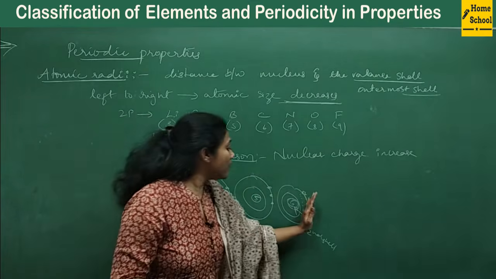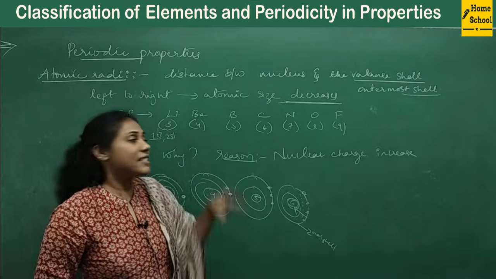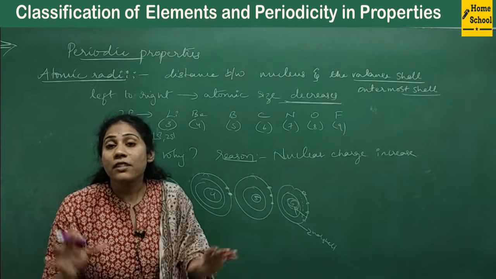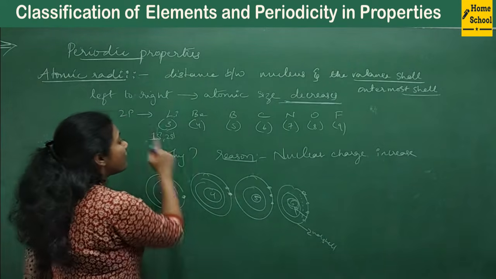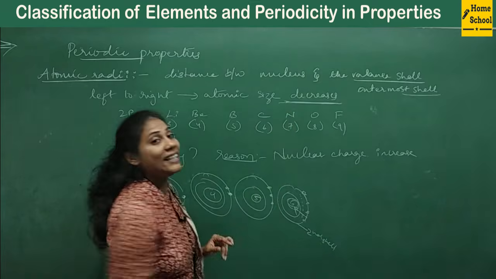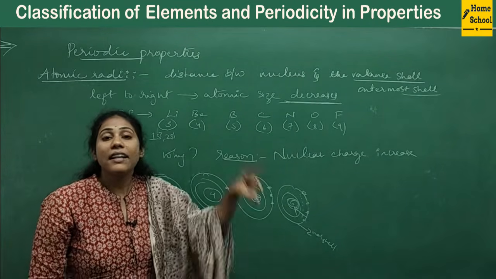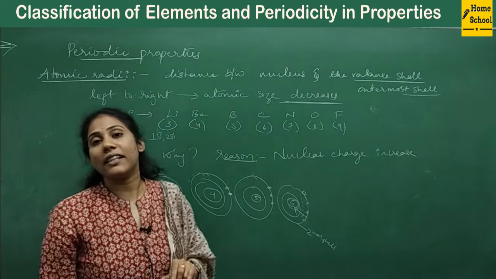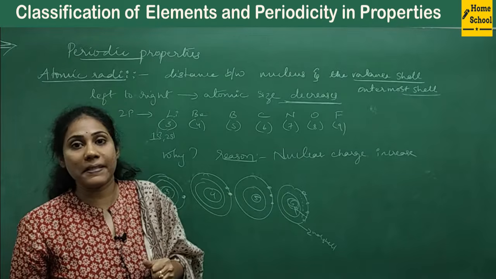Because of that, the outermost shell is pulled more and more towards the nucleus as the number of protons increases. So that way we say the size always decreases when we go from left to right in a periodic table. Size decreases. Remember this. Why? Because nuclear charge increases, that is, the number of protons inside the nucleus is increasing.